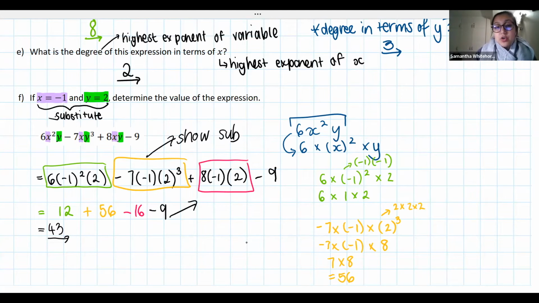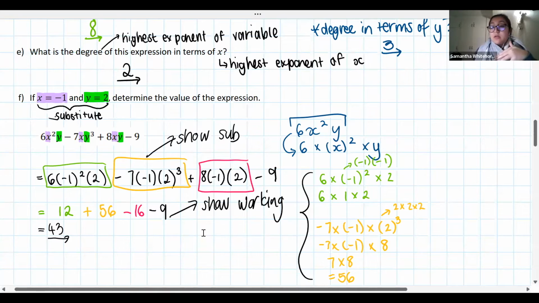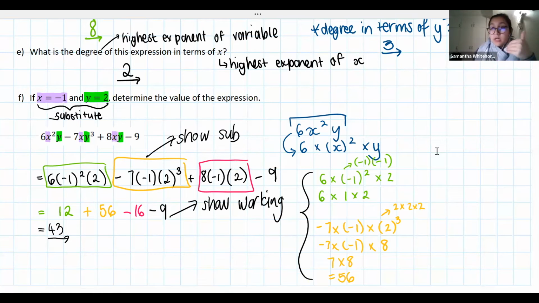You need to show your working. If that means you're doing this stuff on the side here, that's okay as well, as long as I can see that you've gone through each term, and then obviously you need to show your answer. If not, just chuck it in a calculator. But if it specifically says, and often these ones say, no calculator, show everything.